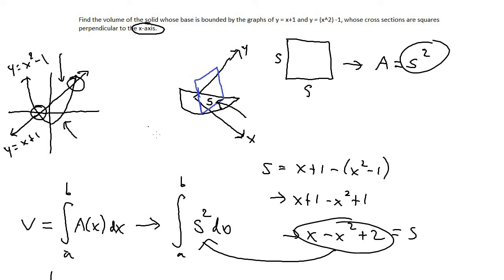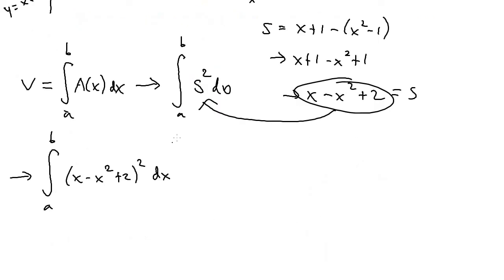To find where they intersect, we can just set them equal to each other. So x squared minus 1 is equal to x plus 1. I can bring them all to the same side, so subtract over the x and the 1, and I get x squared minus x minus 2 equals 0. This is a quadratic equation, so I can factor it.